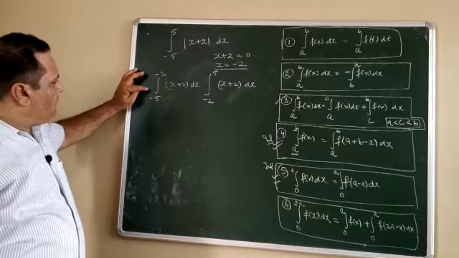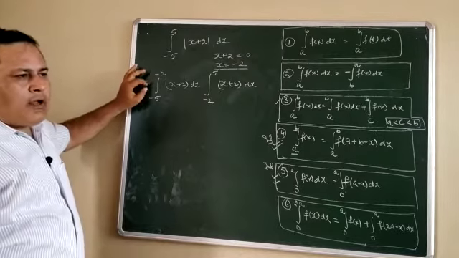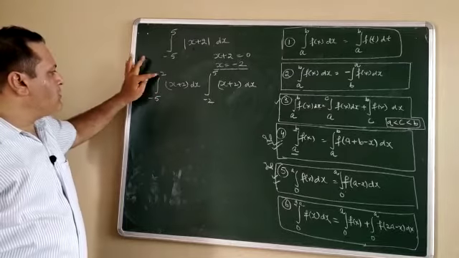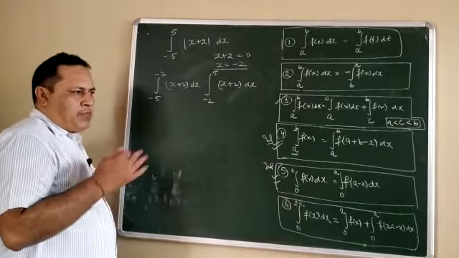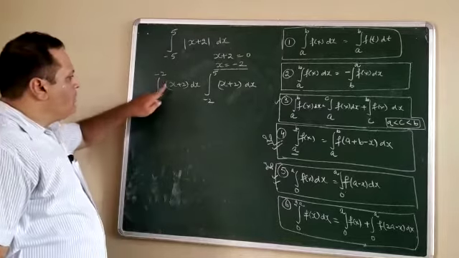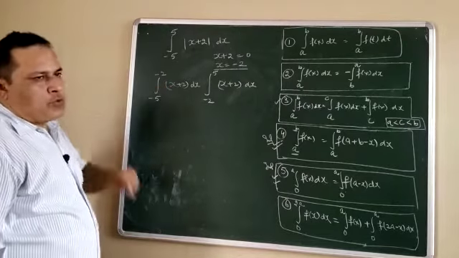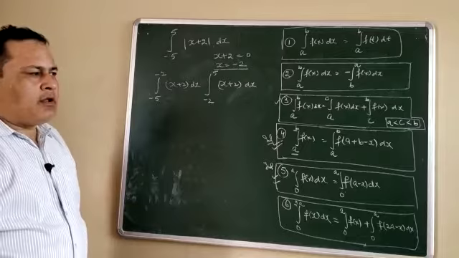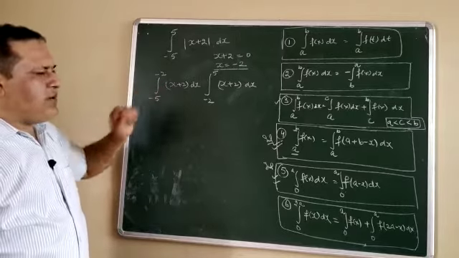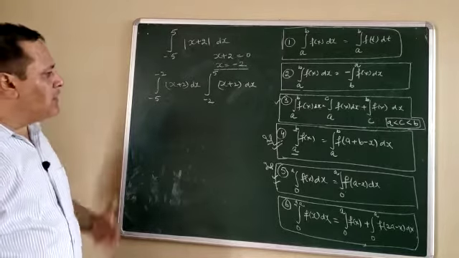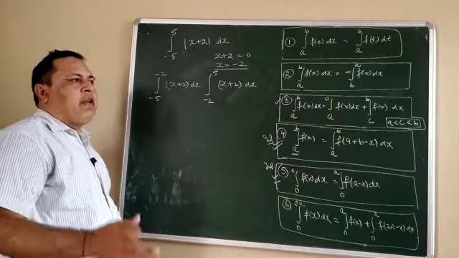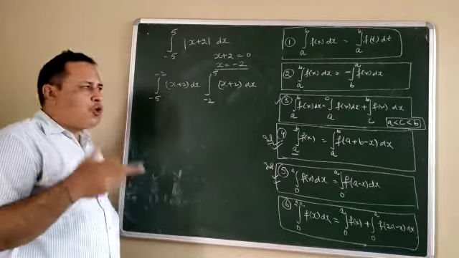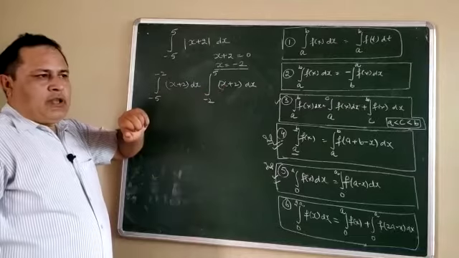Among minus 5 and minus 2, you can take any value. For example, I will take minus 3 between minus 5 and minus 2. Minus 3 plus 2 is equal to minus 1. It means that this function behaves as a negative function. Or you can check from minus 2 to 5, any value. For example, if you substitute 0 plus 2, that is positive.